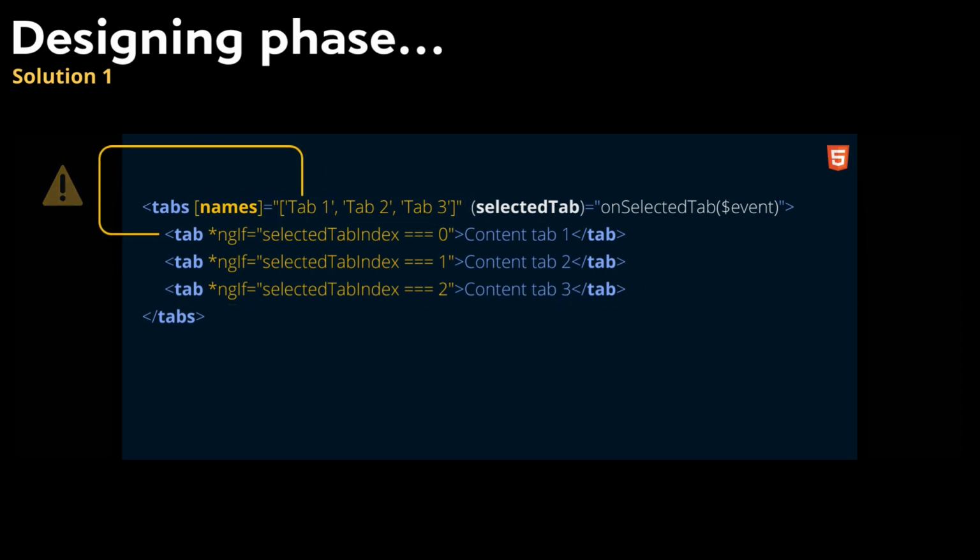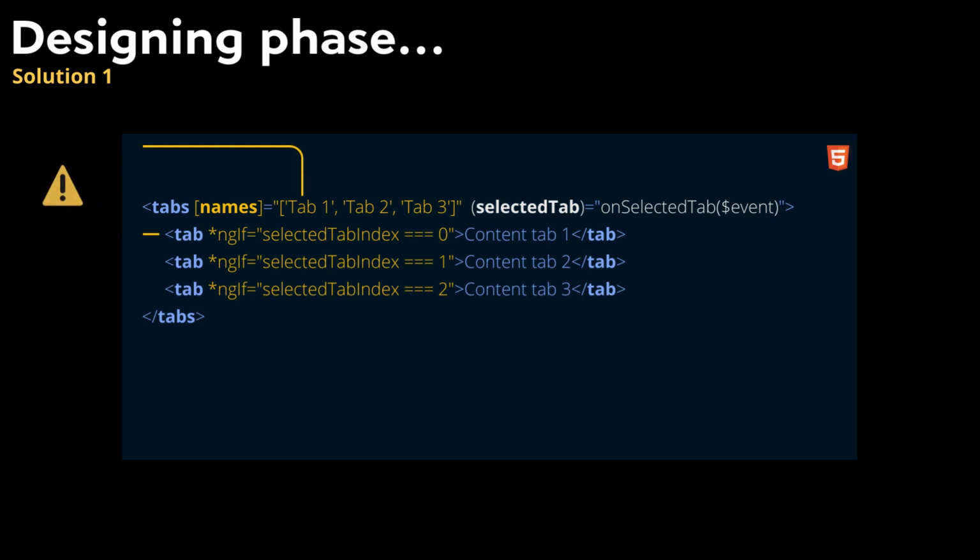Another issue is that the name of a tab is normally related to a tab rather than the tabs component, isn't it? So it's not a good idea to link it to the tabs component. It would be interesting to let each tab manage its name by adding a name input to the tab component.